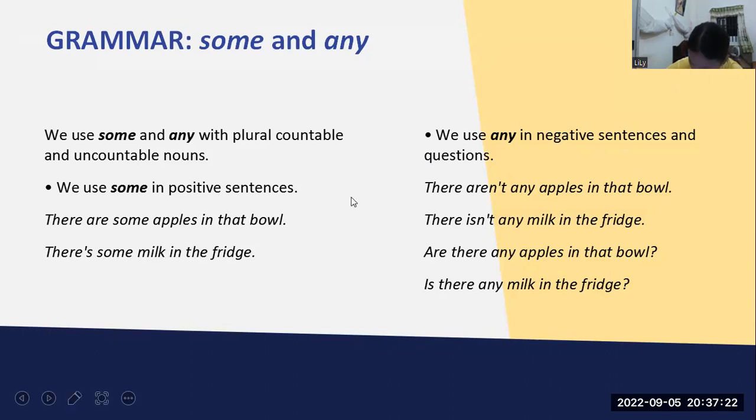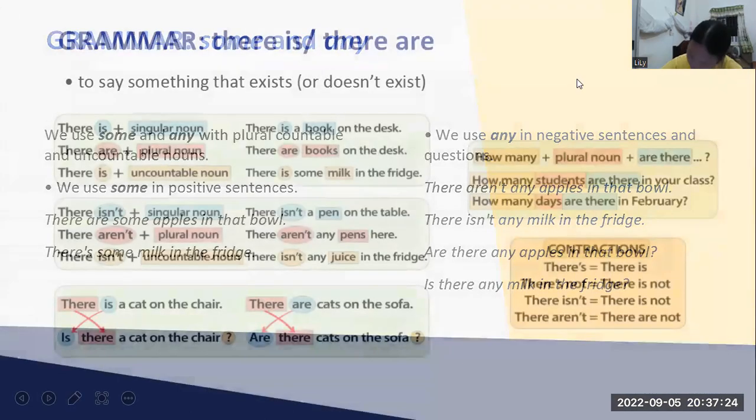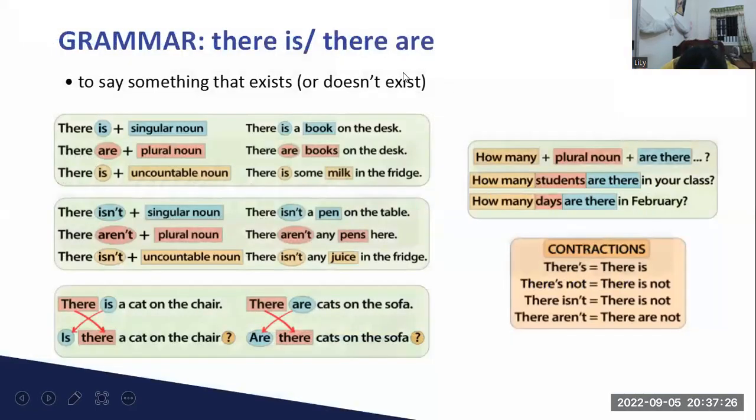So here, let's learn there is and there are. So we use there is plus singular noun. Example, there is a book on the desk. We only use is because there is only one book on the desk. We use there are plus plural. There are books on the desk. We use are because there are many books on the desk.